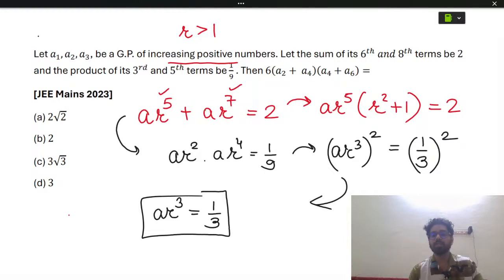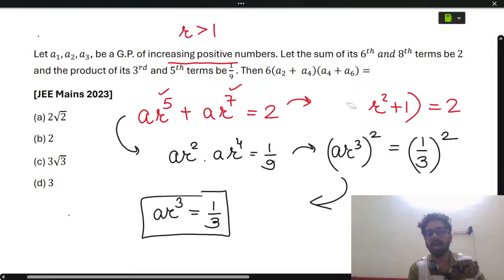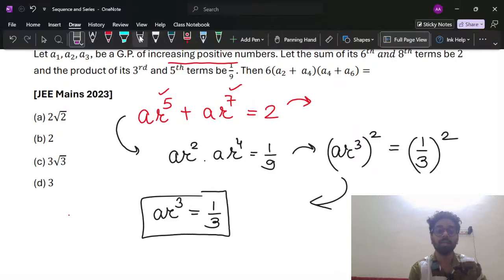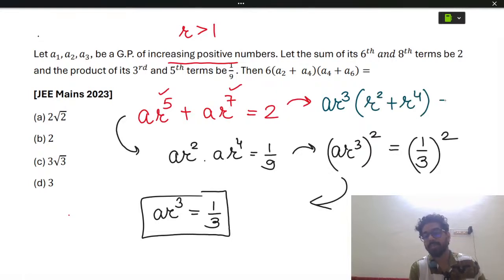Now, A R cube is 1 by 3. A R power 5, can I do something from here? Yes. That means over here, instead of writing A R power 5, I will write it in the form of A R cube. Okay, so I will write A R cube, and here I will write R square plus R power 4 is equal to 2. Now this makes sense.